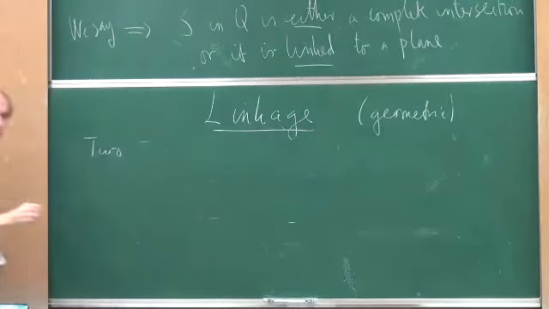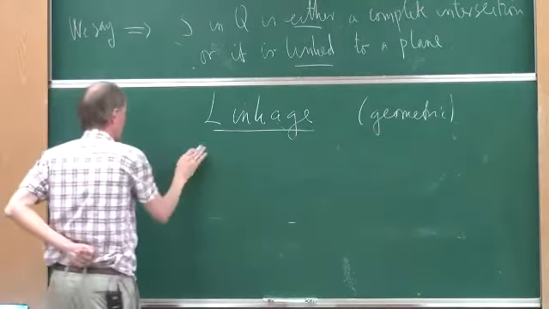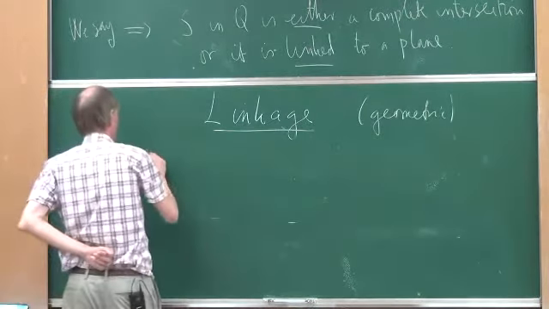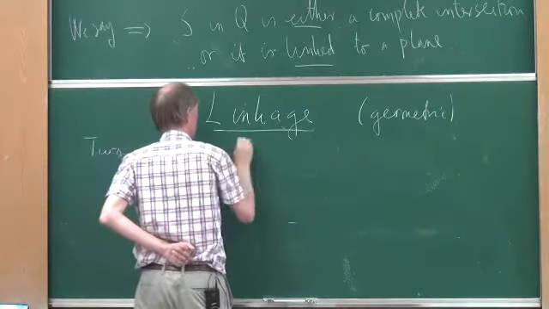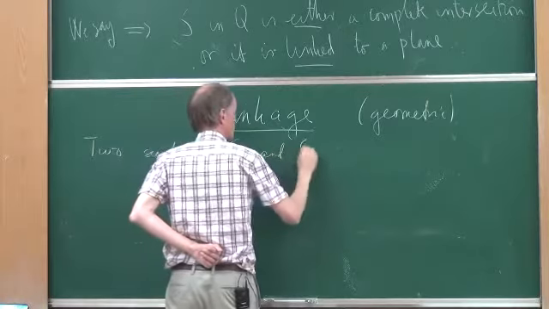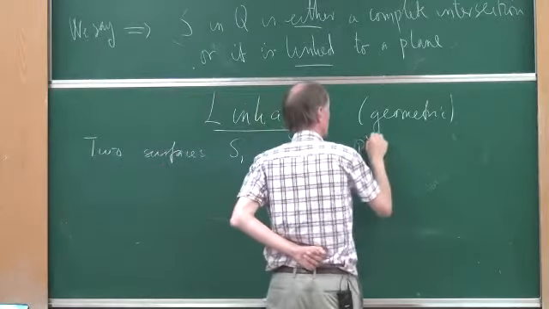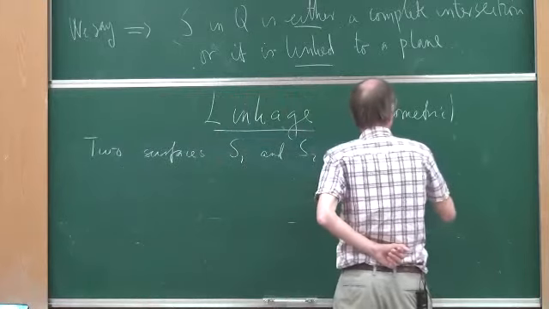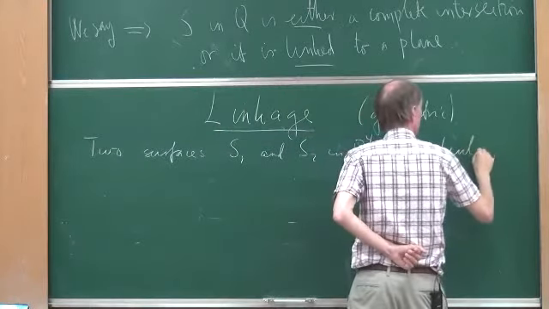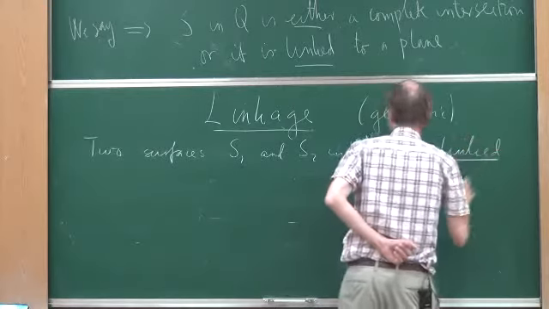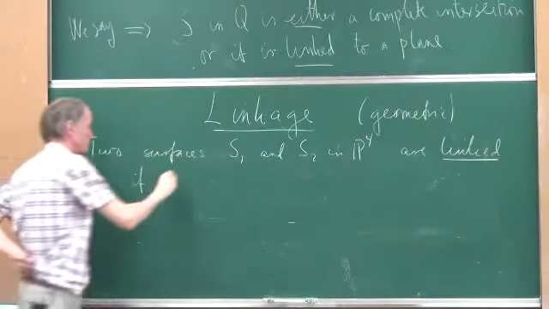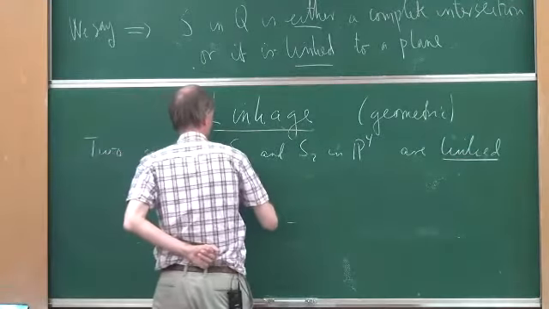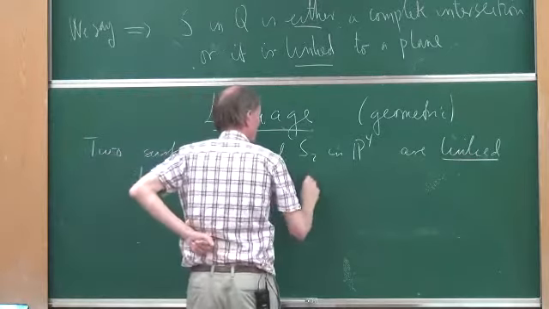This can be done much more generally, but let me just state it for surfaces. So two surfaces in P4 are linked if the union is a complete intersection.